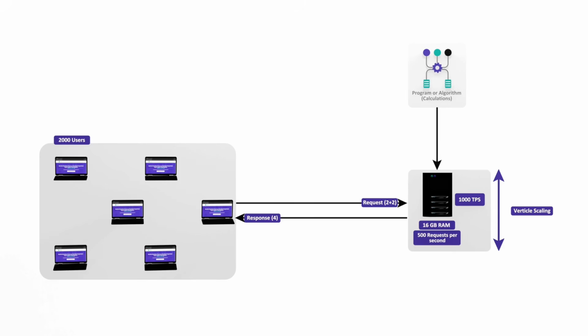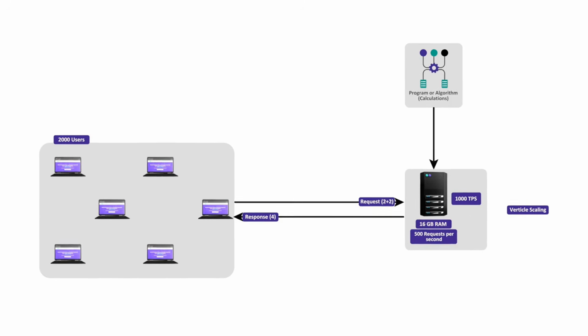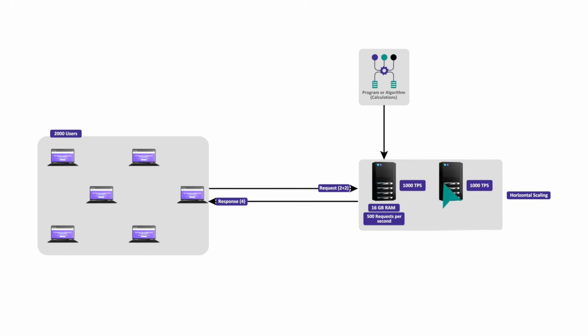So the second type of scaling is horizontal. Now I will put one more server here of the same size. This is also 1000 TPS and this is also 1000 TPS. We have put one more server like this, and this concept is called horizontal scaling.